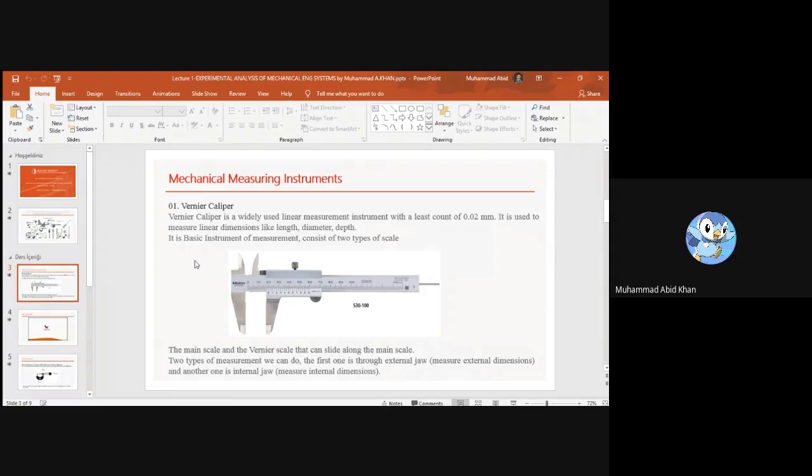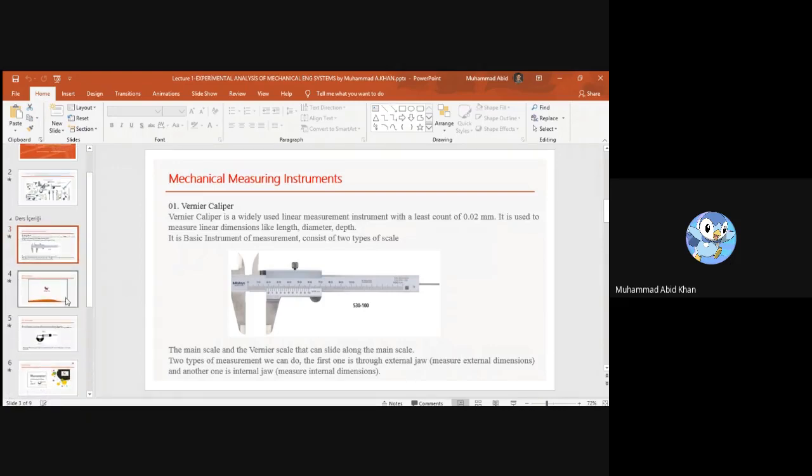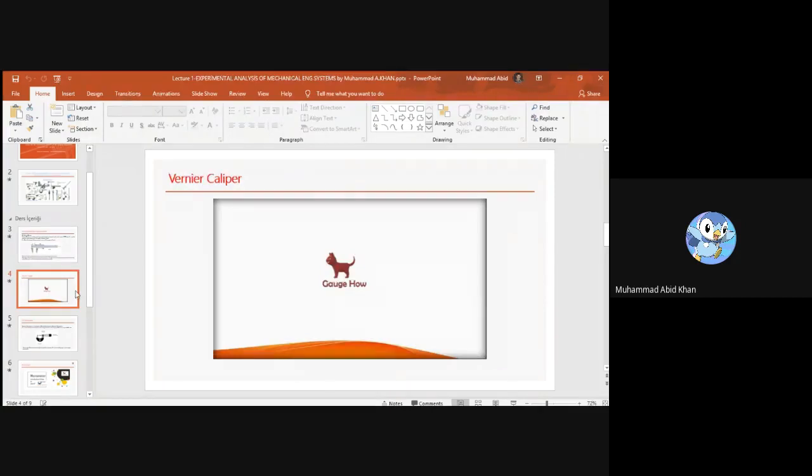Two types of measurement we can do: the first is external, and the second is measuring internal dimensions. That is the definition of how we use it. I will show a video in the coming part. Please watch, it is a very nice video.